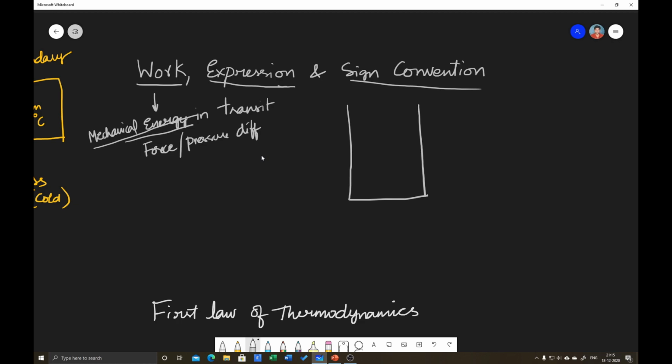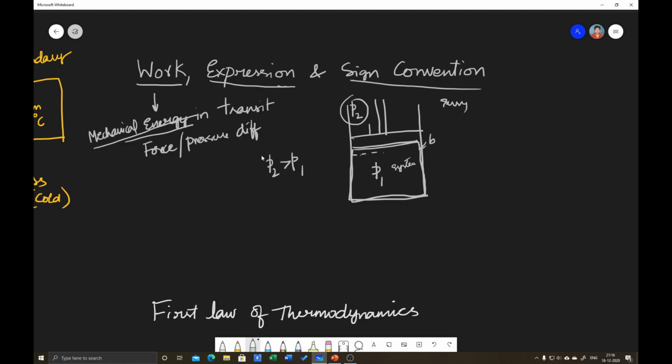We will see how. Say there is a piston and cylinder arrangement, like this. Inside there is a gas at a certain pressure P1. Outside, suppose there is a pressure of P2 outside the system. This is the system, this is the boundary, and this is our surroundings. So if P2 is greater than P1, what happens?